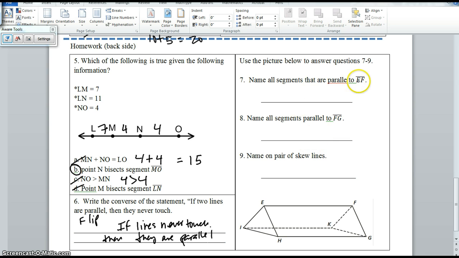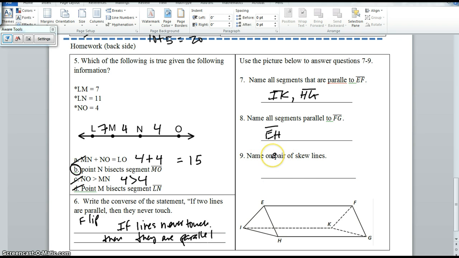Right? Name all segments that are parallel to EF. From this picture, well, we have IK and we have HG. Name all segments parallel to FG. Well, we should have EH because it's in the same plane. And name one pair.